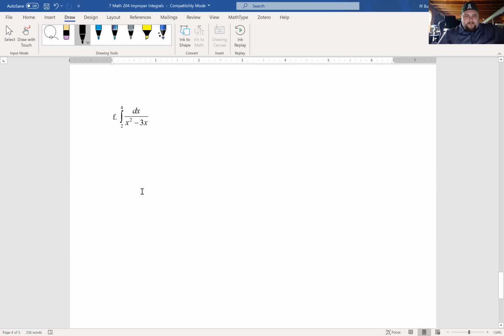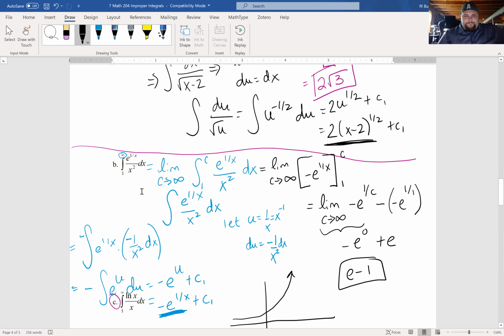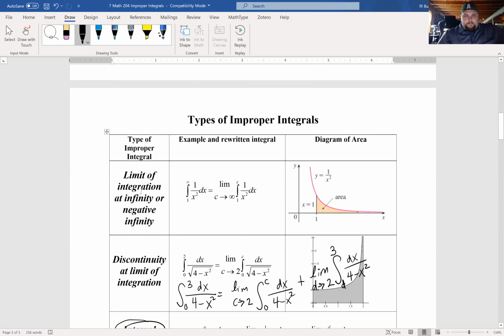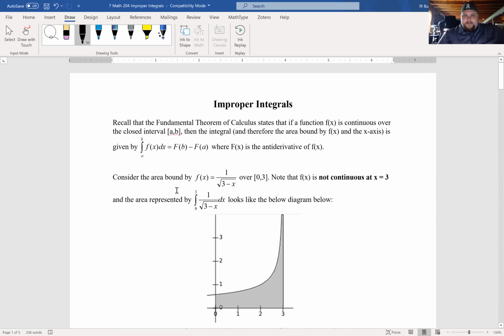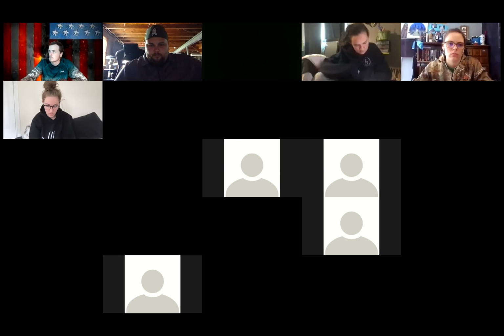So I'm going to leave these other ones here if you guys want to work on them. Any questions about improper integrals? So we would state that one is converging.